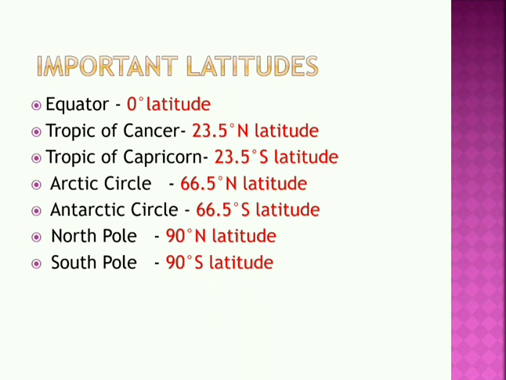Now, as I have told you, there are 180 lines of latitude, 90 in the northern hemisphere and 90 in the southern hemisphere.